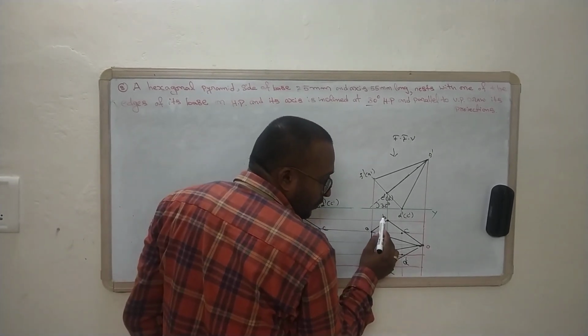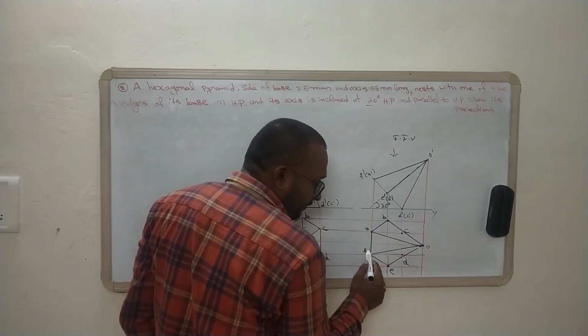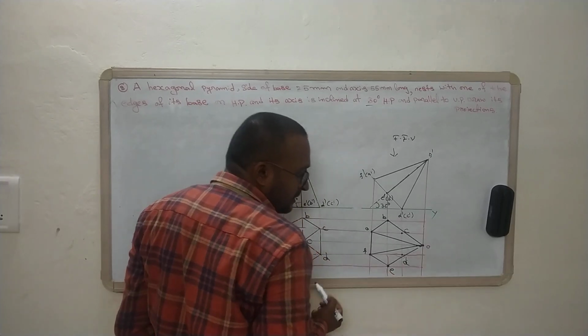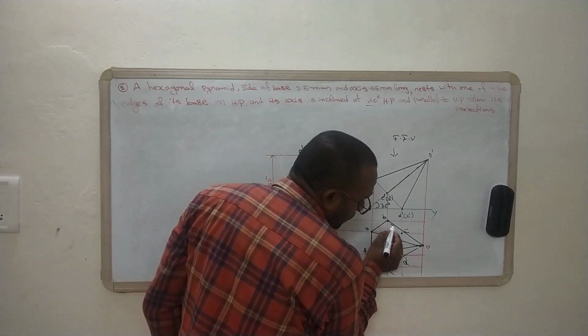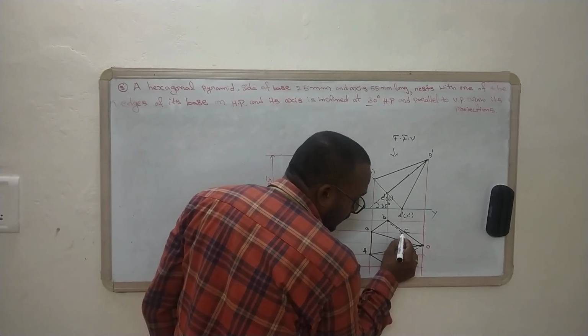That is ABO, AOF, FOE surfaces will be visible, and the remaining two will be invisible.